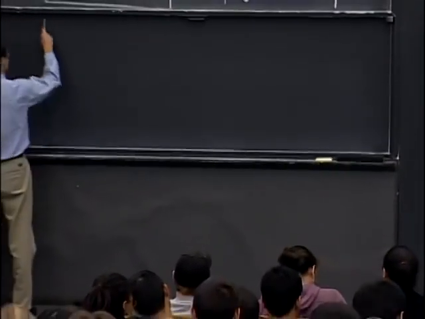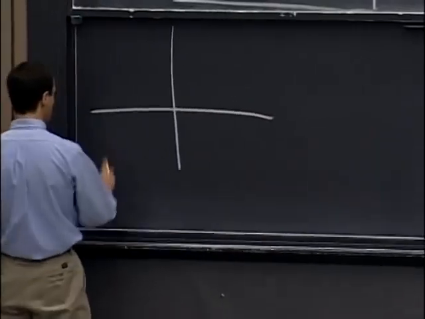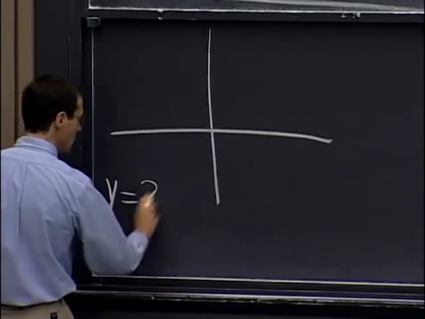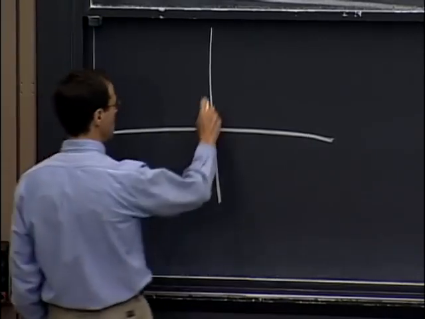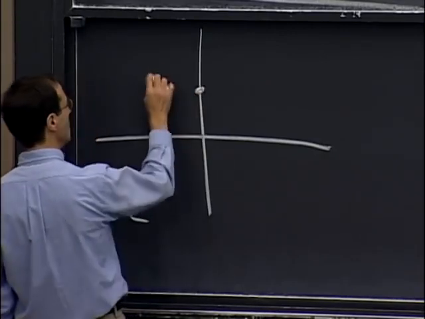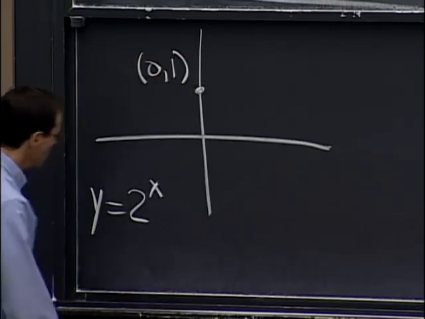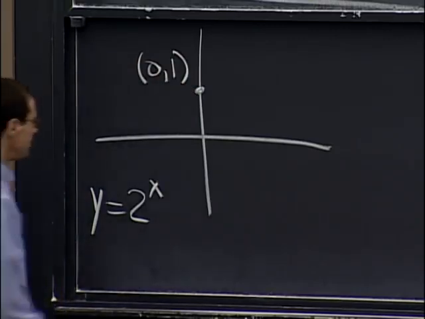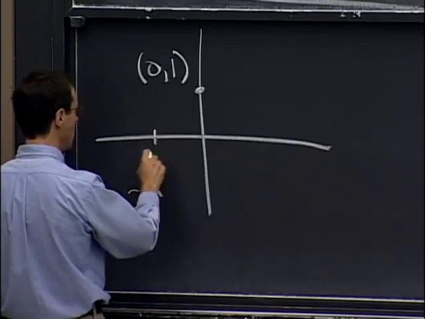And let's draw a picture of one. So we'll try, say, y is equal to 2 to the x here. And I'm not going to draw such a careful graph, but let's just plot the most important point, which is the point 0, 1. That's 2 to the 0, which is 1. And then maybe we'll go back up here to minus 1 here.